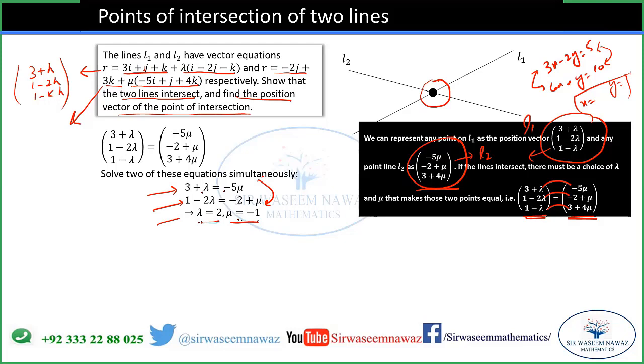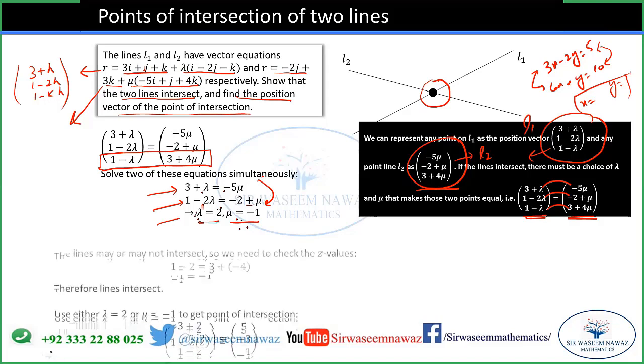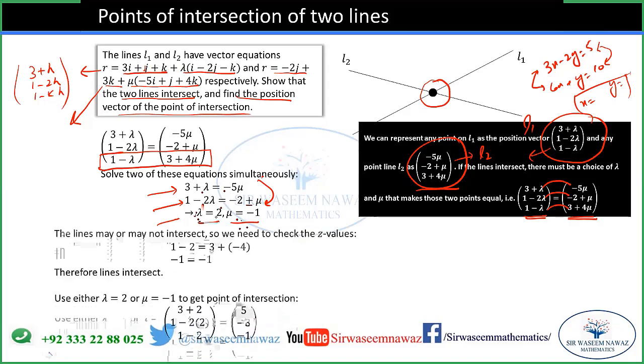If these lines are intersecting, then if I place these values of lambda and mu in the third equation that I haven't used yet, I should get the same answer. Let's see. I place lambda equal to 2 and mu equal to negative 1 here, and I got the same answer. So it shows that the lines intersect.